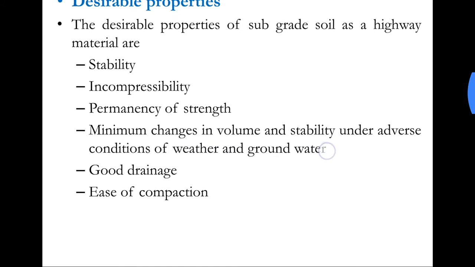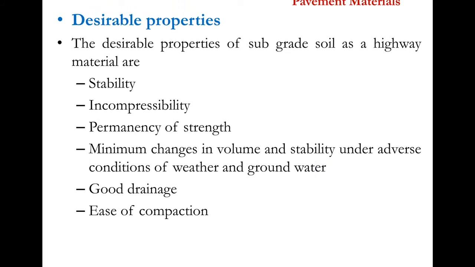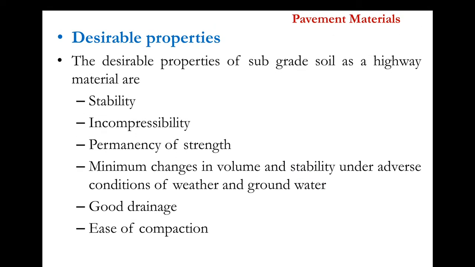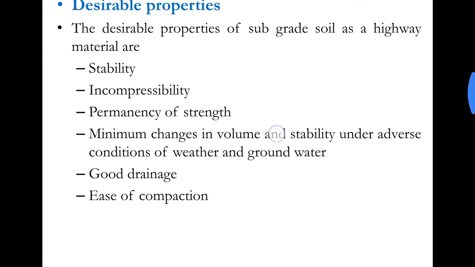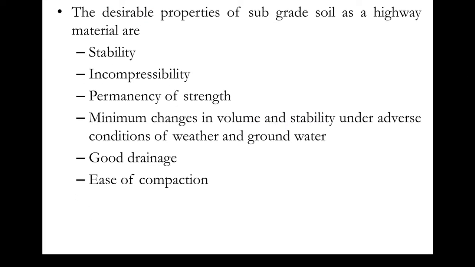Normally, in the presence of water the soil gets swelled and the volume increases, and in the absence of water the soil shrinks, which results in reduced volume. These cases should be minimum in our desirable soil, so the soil should have such properties which lead to least swelling and least shrinkage.